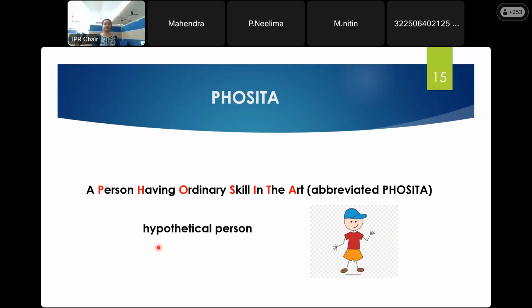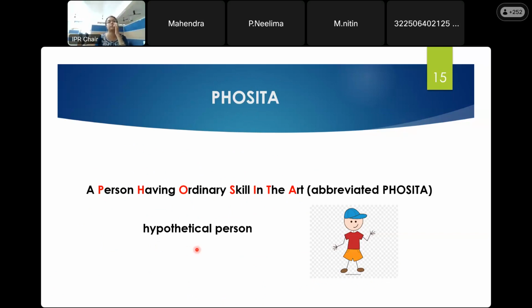It is a hypothetical person, but when the patent examiner examines your application, the patent examiner will think about any PHOSITA who is working in that field, maybe researching in that field, or using those kinds of things for a long time. So those people will be your PHOSITA for that patent application.